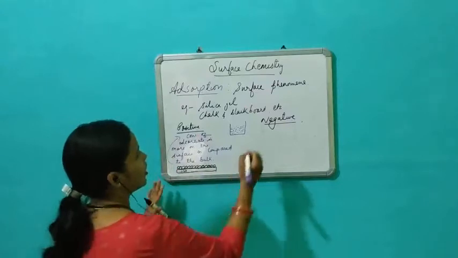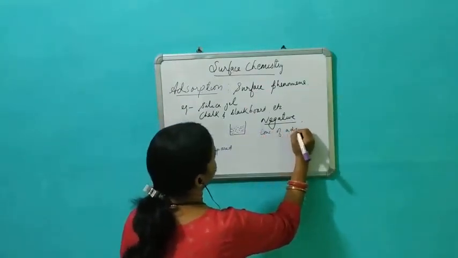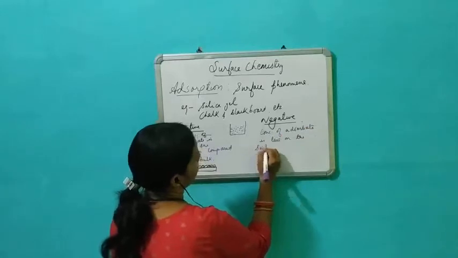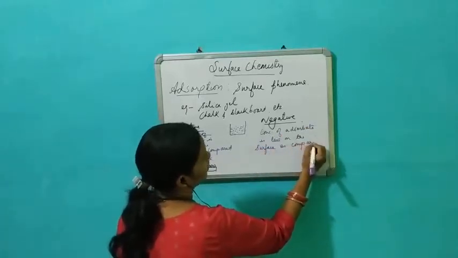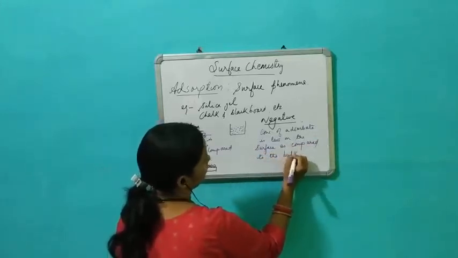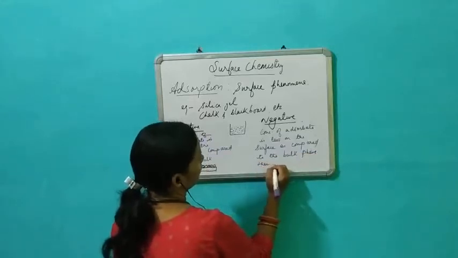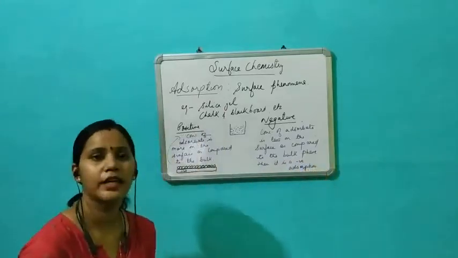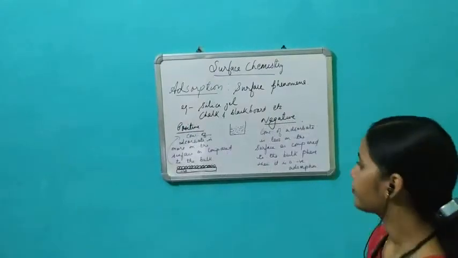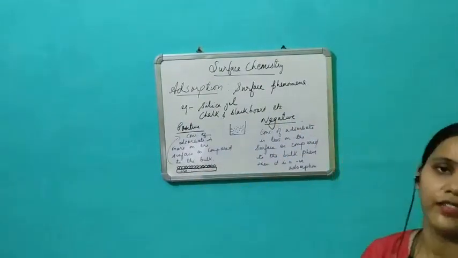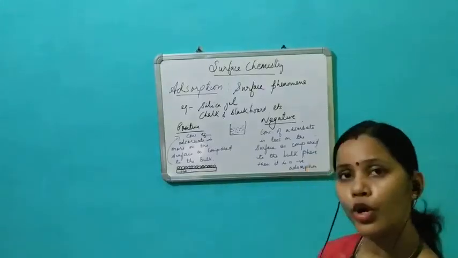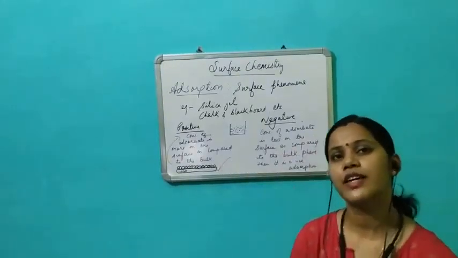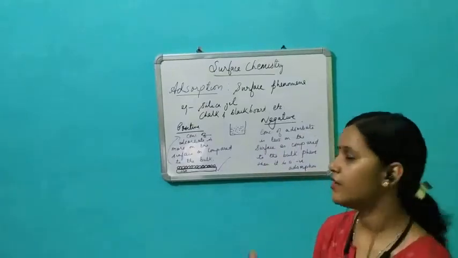Whereas when the concentration of adsorbate is less on the surface as compared to the bulk phase, then it is a negative adsorption. Okay, alright. So this is positive adsorption and this is negative adsorption. When the concentration of the adsorbate is more on the surface of the adsorbent, it is positive adsorption. When it is less on the surface and more in the bulk, it is negative adsorption.